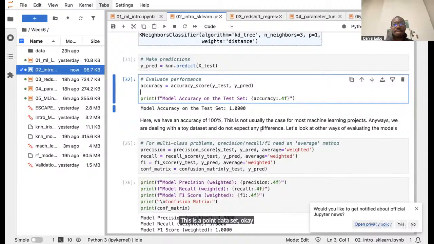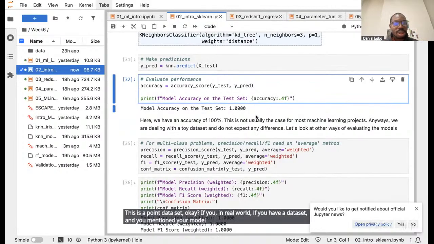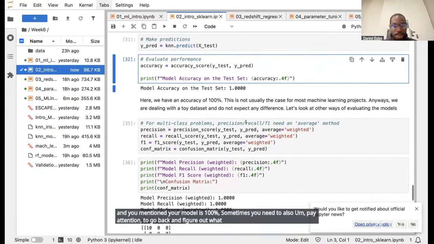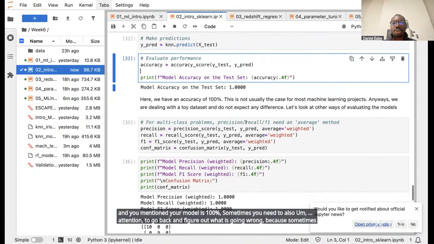In the real world, if you have a data set and your model is 100%, sometimes you need to pay attention. You need to go back and figure out what is going wrong, because sometimes it might be that you are overfitting.